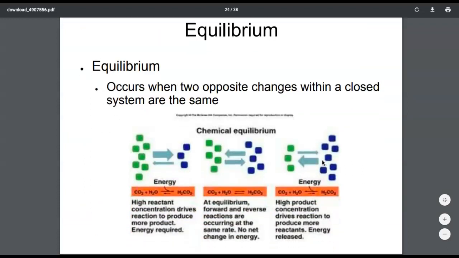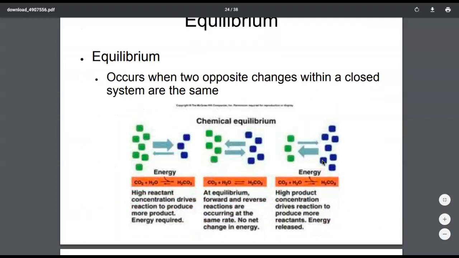And then equilibrium. Equilibrium occurs when opposite changes within a closed system are the same. So it might appear that we have two separate phases there, but we'll still have some change happening, but it's in equilibrium. That means reactants will form products, and products will form reactants here, but at the same rate.